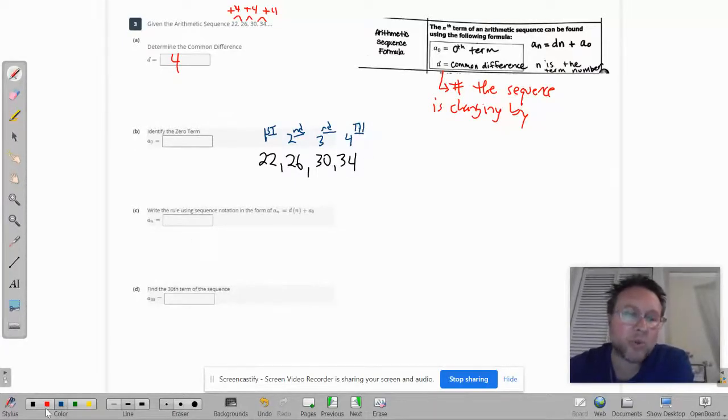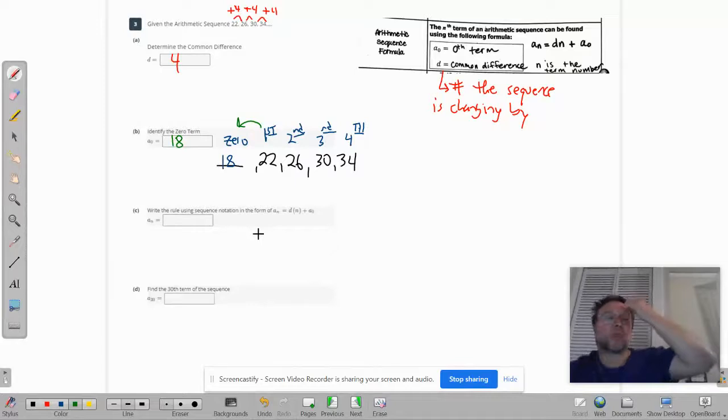Well, but again, when we mark time, we mark the beginning of something at 0. So what I have to do here is count backwards to what I call the 0 term. This would be the 0 position. Well, if it's going up by 4, I just would subtract 4. So if I subtract 4 from 22, I get 18. So that would be my 0 term, at 18.